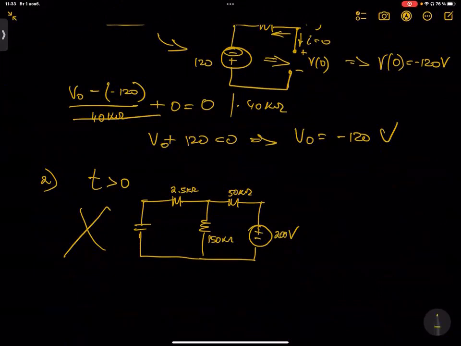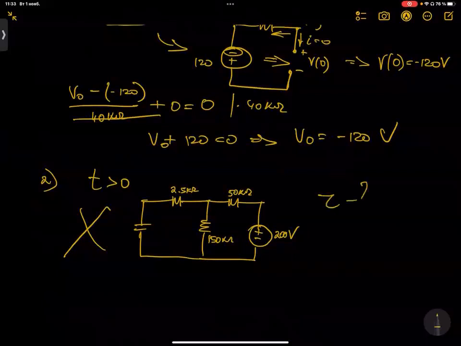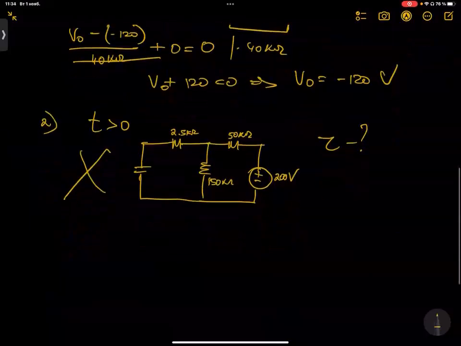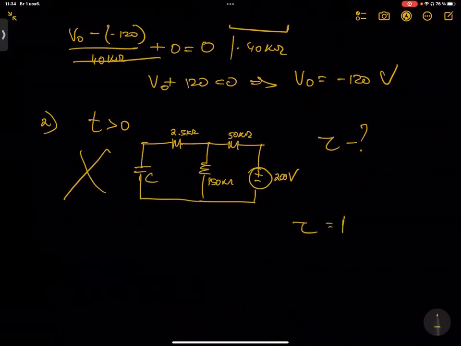From this part, firstly, what we have to find is the time constant. Right after t is bigger than 0, we don't replace the capacitor with an open circuit, because that only applies when t is infinitely big, not right after t equals or is bigger than 0. We find firstly the time constant, whose formula is R equivalent times C. So firstly, we have to find R equivalent.